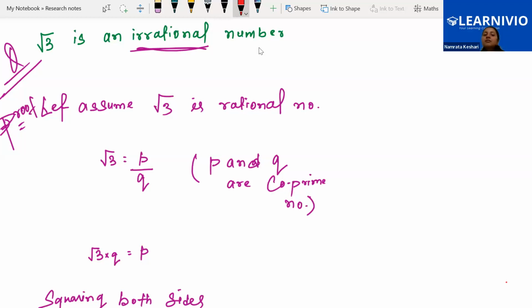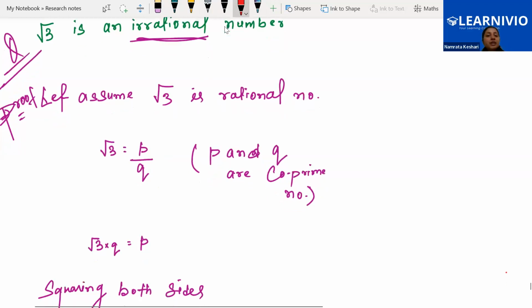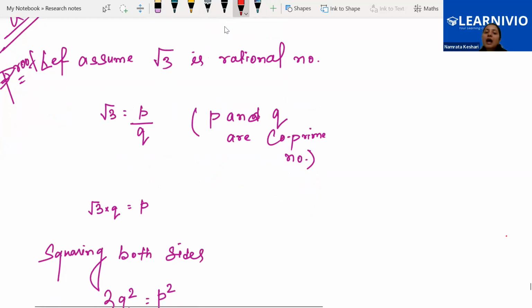See the cursor, we have written it as P by Q. Now we are also assuming here that P and Q are co-prime numbers. There is no common number which can divide P as well as Q. We have taken P and Q in such a way that they are co-prime numbers.